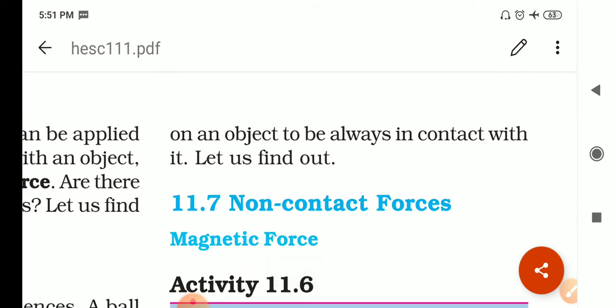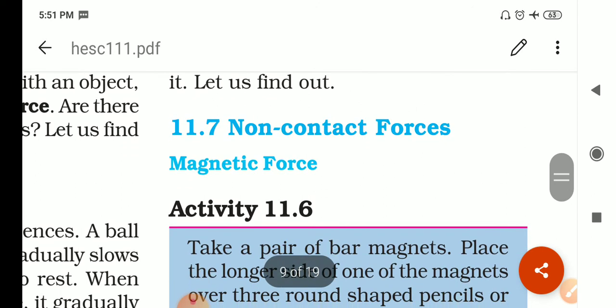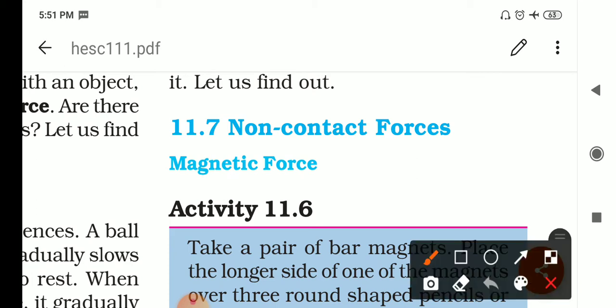Now see, the next type of force is the non-contact force. Not all forces result from the interaction between two bodies in physical contact. For example, a ball thrown up eventually comes down. It happens because of the gravitational force. है ना? Who is pulling it back downward?